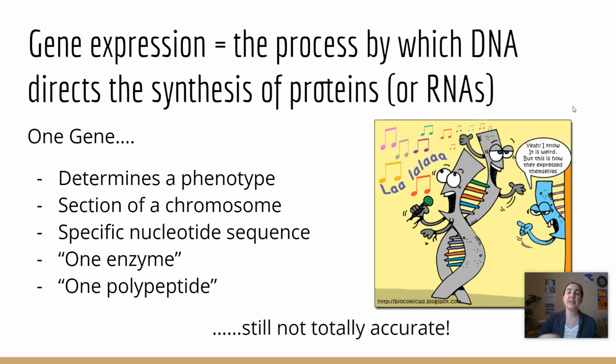But even that's not totally accurate because all types of RNA, like the transfer RNAs that come in later in protein synthesis, are also coded for by parts of your DNA. So we're going to come back to this idea and talk about our current understanding of what a gene is after we've gone through part of this unit. But we've been slowly refining our understanding of this word.